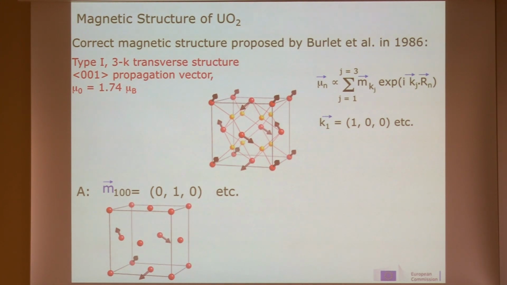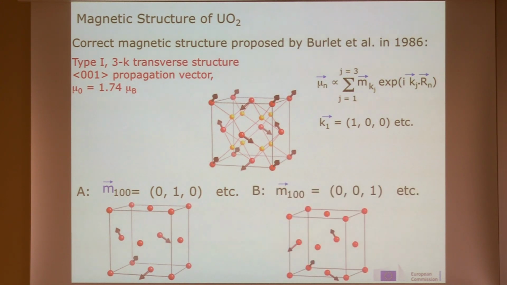You can also have another alternative, another domain, where the Fourier component associated to this vector is not along y, but is along 0, 0, 1 and cyclic permutation.